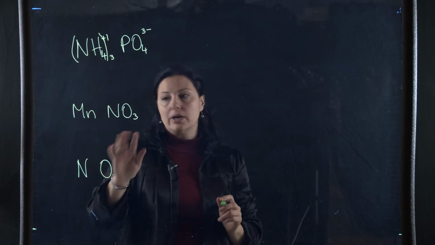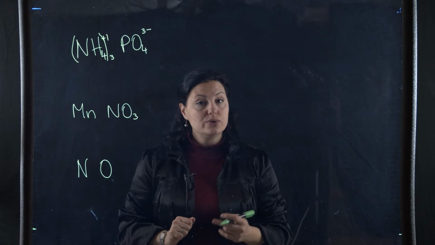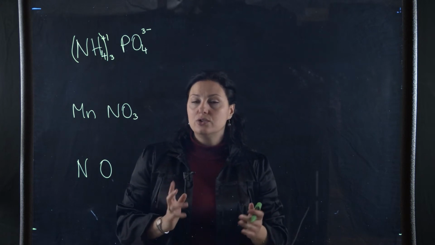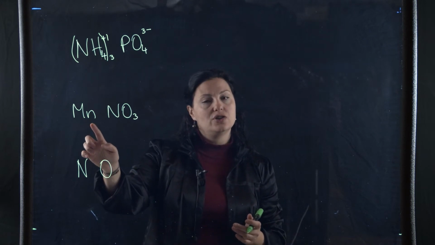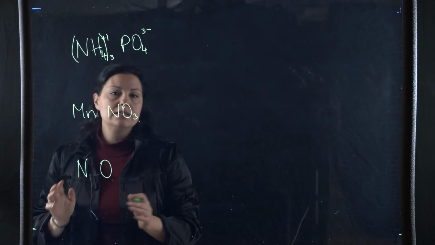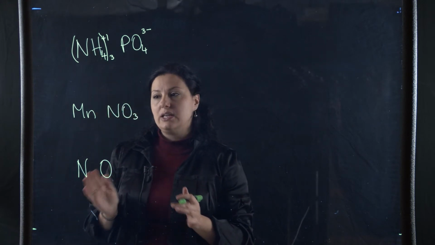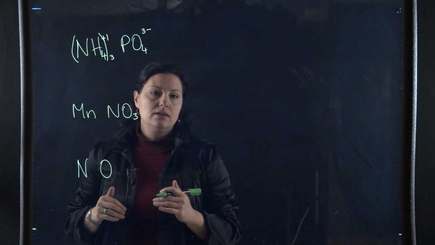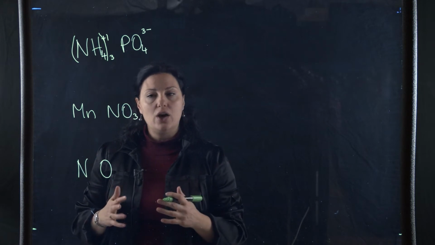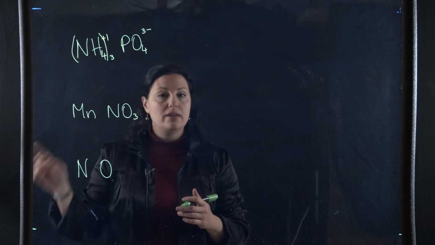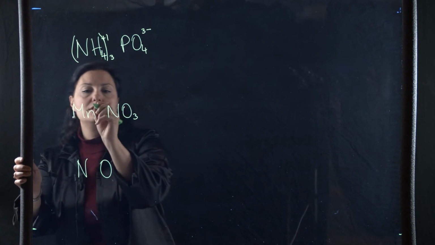Okay, let's do this one. I have manganese(II) nitrate. That little Roman numeral 2 tells me the charge on the manganese. Manganese is a transition metal, which means that it forms ions with more than one charge, but that Roman numeral tells us that it's a +2.